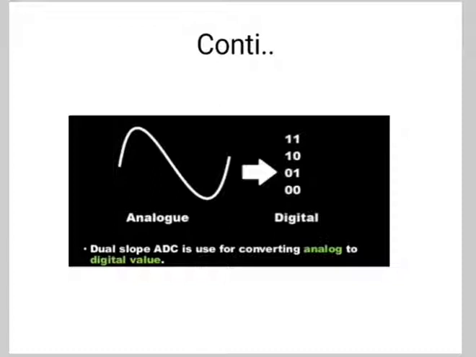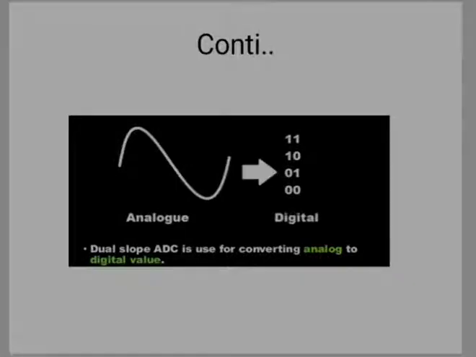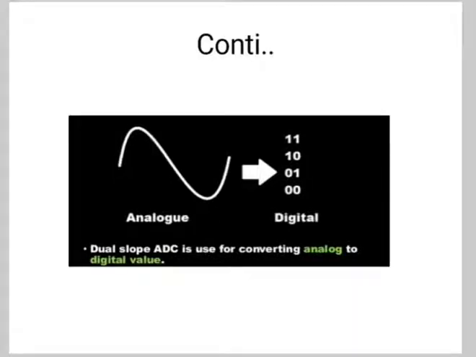Meanwhile, the counter is counting up at a rate fixed by the precision clock frequency. The time it takes for the capacitor to charge up to the same voltage level as the input depends on the input signal level and the combination of minus V reference, R and C.